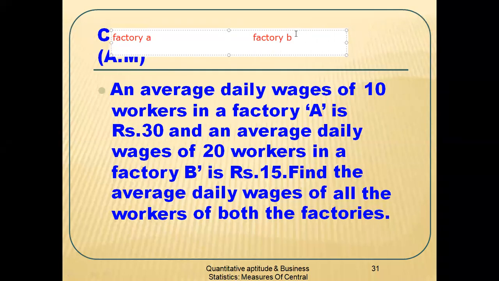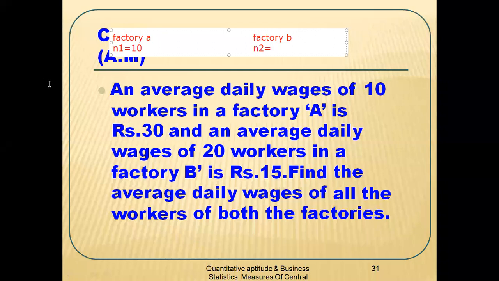Now, how many workers are there in factory A? You read the question: the average daily wage of 10 workers. That means 10 workers are there, so the number of observations in the first data is 10. Similarly, how many workers are existing in factory B?